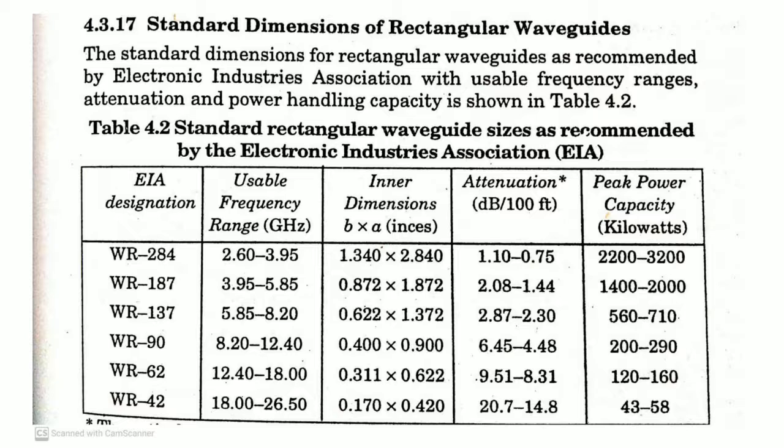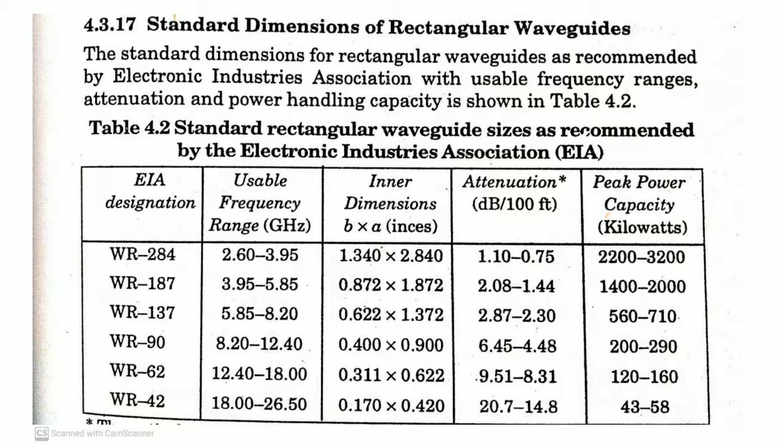Of course, the first one has 2.60 to 3.95 gigahertz. Likewise, its usable frequency range is increasing. Also, its inner dimension is given in breadth into length, in inches. Attenuation is also given, that is, how many decibels the particular waveguide provides, and peak power capacity in kilowatts is given.